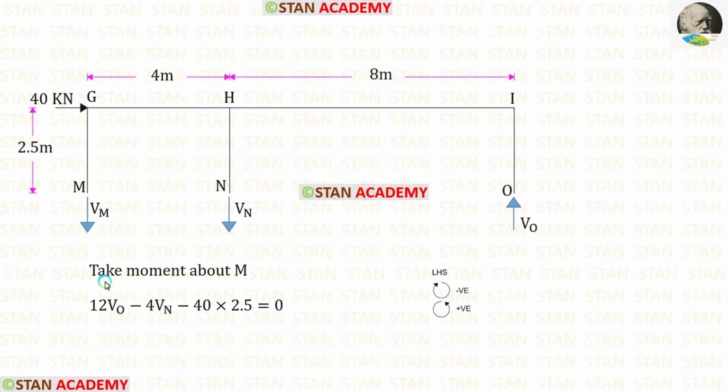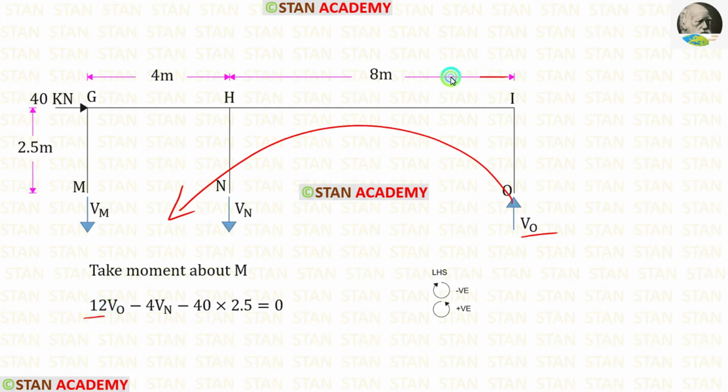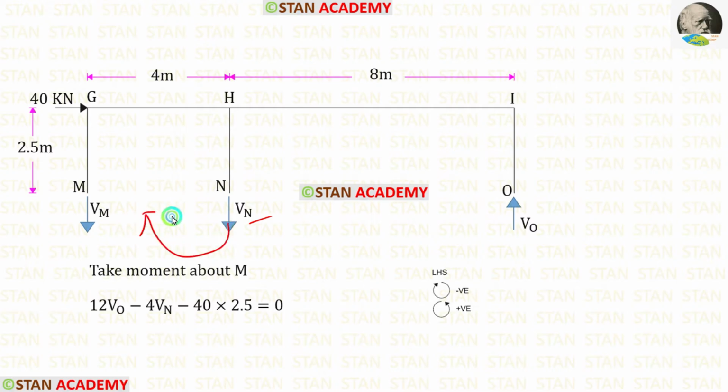Now let us take moment about M. In this case, we are moving towards the left hand side. Clockwise will be negative and anti-clockwise will be positive. Vo is acting in the anti-clockwise direction, so that will be positive, and the distance is 12. So 12 Vo. Vn is acting in the clockwise direction, so that will be negative, and the distance is 4. So 4 Vn.